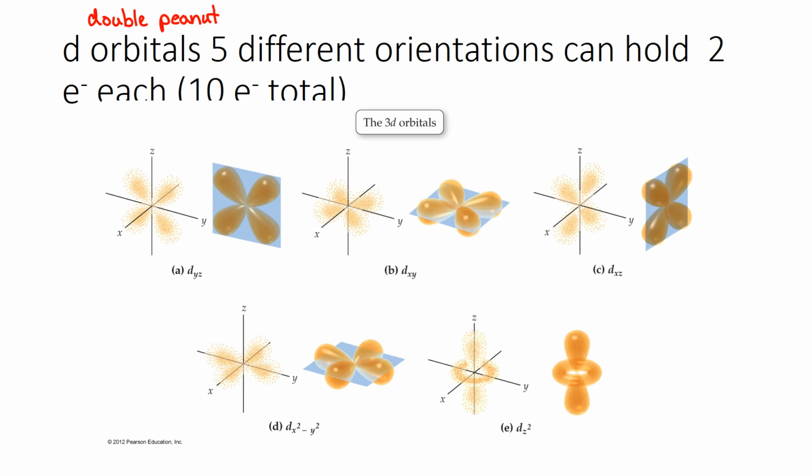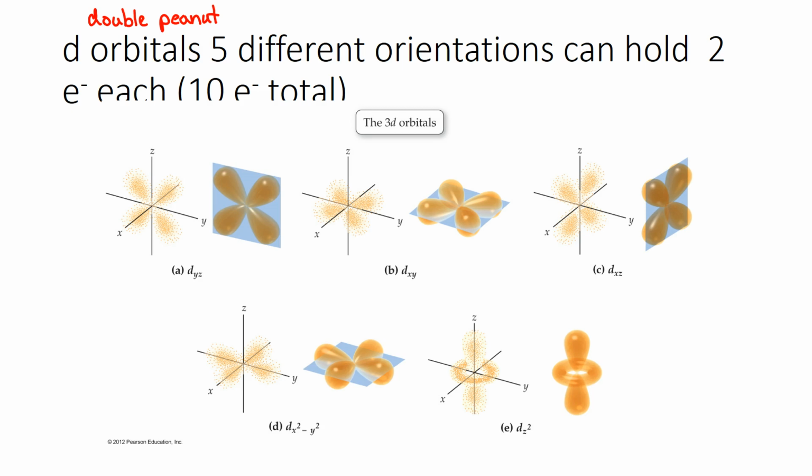And then we can have it occupying some different, in-between regions. If you think of these things like balloons, you can think how you can tie these balloons together and fill up the different space in a 3D model. So you have one that's called, and I don't expect you to memorize these, you're never going to be asked to know these orientations, the dx2 minus y2. And then there's the dz squared.